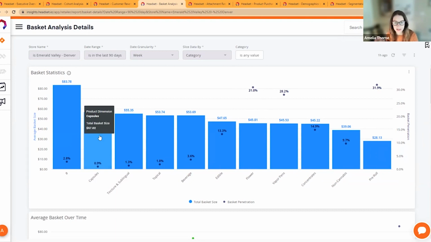So we can start to think about, like, maybe there's opportunity for bundle deals, maybe, depending on how your store is laid out, putting some of these lower price point items somewhere else so people can just grab and go, or higher price point items. Again, I'm no marketing expert. This is just theories, ideas that I've heard throughout my time at Headset. But that's something we can start to think about.